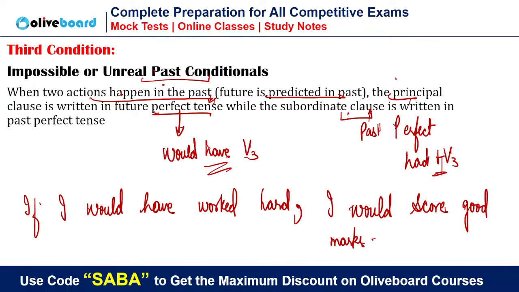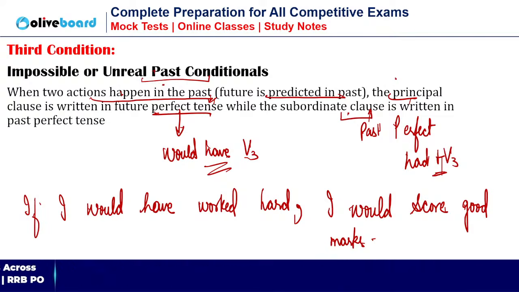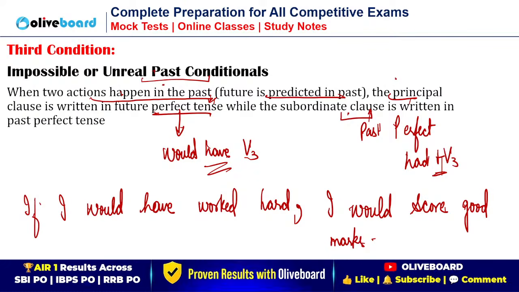This is one sentence, you have to do the error. Would is never followed by had. Everybody is wrong. Let me see who gives the correct answer. Ten seconds more, fast. See, here only you make mistakes. If this is the question of improvement, now you all will get it wrong.